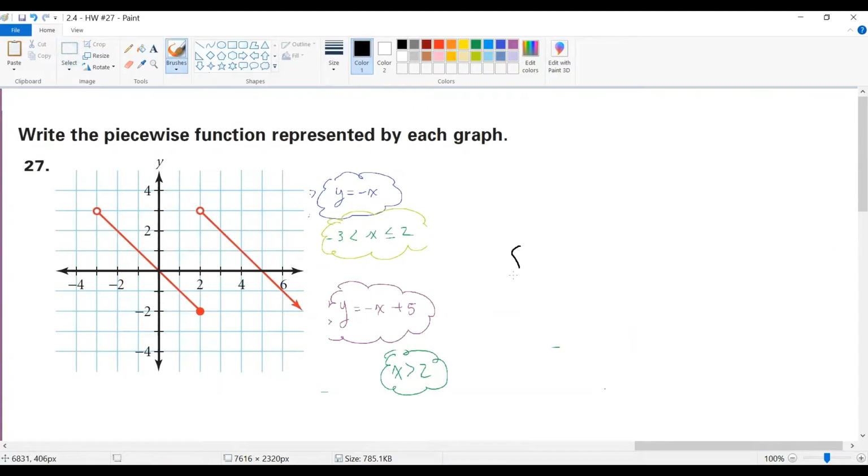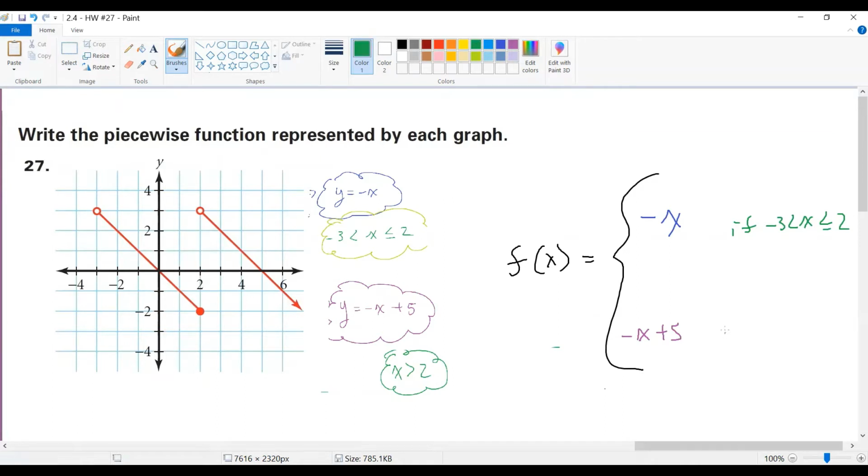We're going to start off with f of x, function notation, is equal to 2 sections. The first section is going to be negative x if our domain values are negative 3 is less than x and x is less than or equal to 2. And in our second equation, we're going to have negative x plus 5 if our domain values of x are greater than 2.